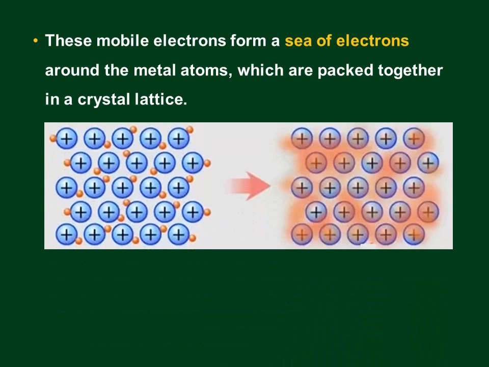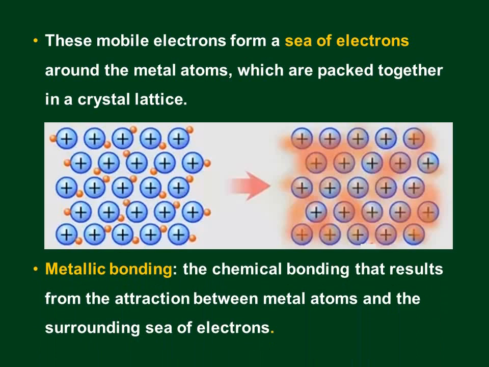As you can see here the atoms and here the electrons. The electrons in the second figure move around, so they form a sea of electrons. They do not exist in a specific place. They move throughout the crystal, so they form a sea of electrons.